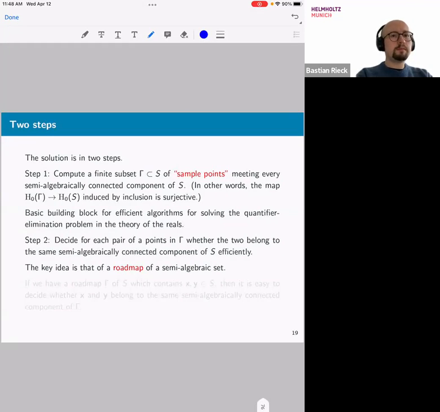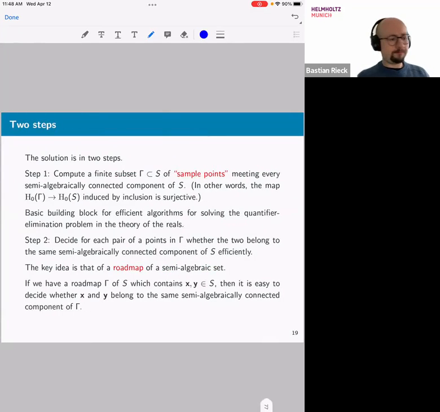So I'm not going to define what a roadmap is, but it is some one-dimensional subset which is allowed to contain any finite set of points, and in fact, this subset has the additional property that it is connected inside every connected component of S. And so once you have this subset containing two given points, then it's easy to decide whether these two points belong to the same connected component of gamma and hence of S. So just to summarize, to produce a unique point in each connected component, you first produce a finite set of points which is only guaranteed to meet every connected component, and then use the roadmap algorithm for computing a basis of the H0.